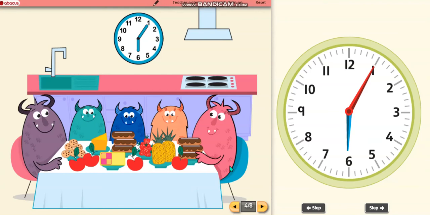What time do they start eating? It is 5 minutes past 6, or you can also write 5 past 6. Right, or if you're using digital time, it is 6:05.